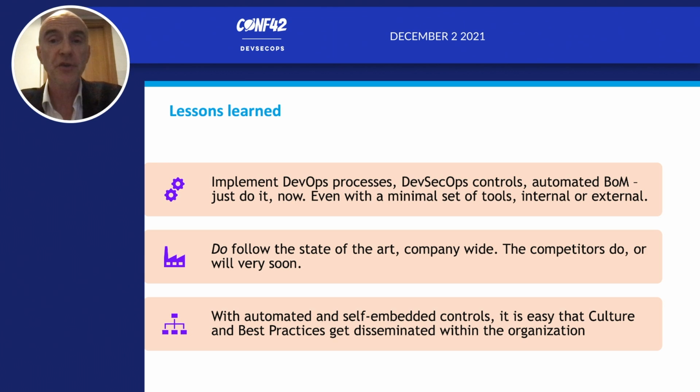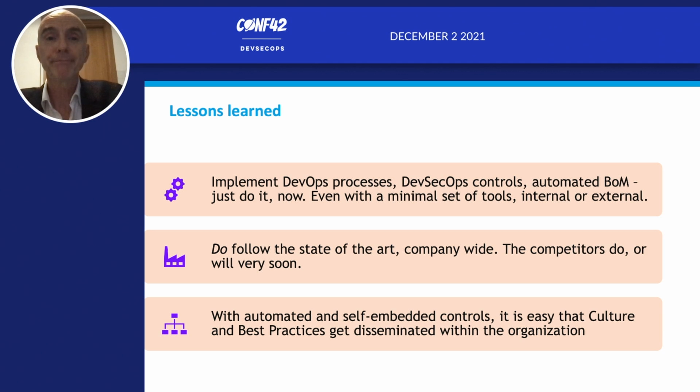DevOps processes, DevOps controls, automated bill of material. Just do it and do it now. Even if it's with a minimal set of tools, even if they are internal or external, even if it can look difficult to gather all that information, the return on investment is tremendous. It's fast and tremendous.